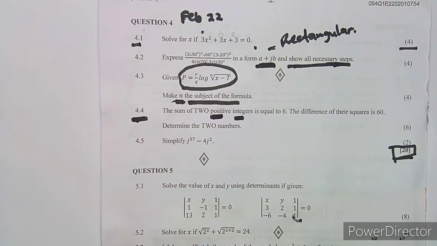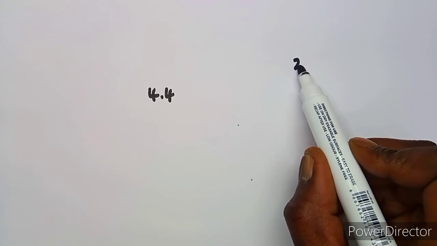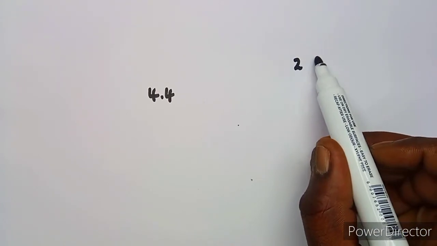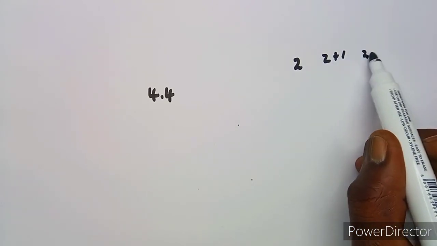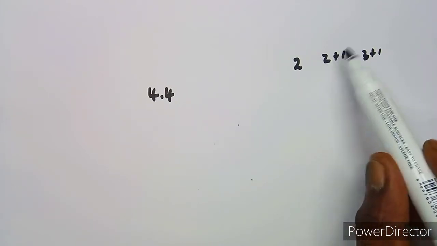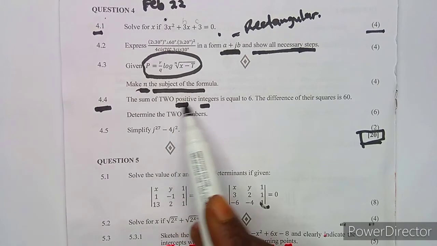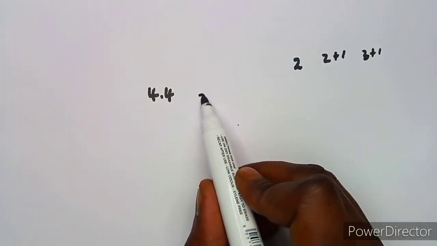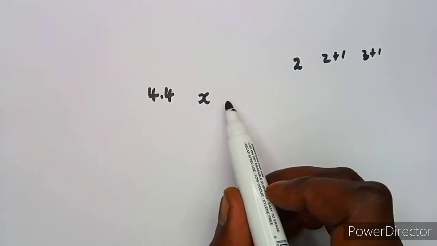Consecutive is a condition where if the first integer is maybe 2, then the other one is going to be 2 plus 1. Another one, 2, the other will be 3, plus 1. You'll be adding 1 like that. But this one, they are just integers. You are not given that they are consecutive. So let's just say one integer will be x and another integer will be y.